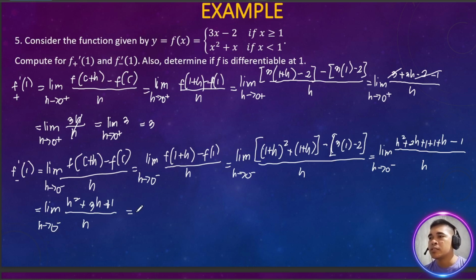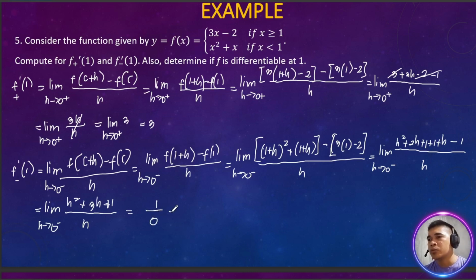So we cannot factor this one. Substitute na lang ang value sa h, which is 0. So we have remaining here 0, 3 times 0. So we have 1 over 0.